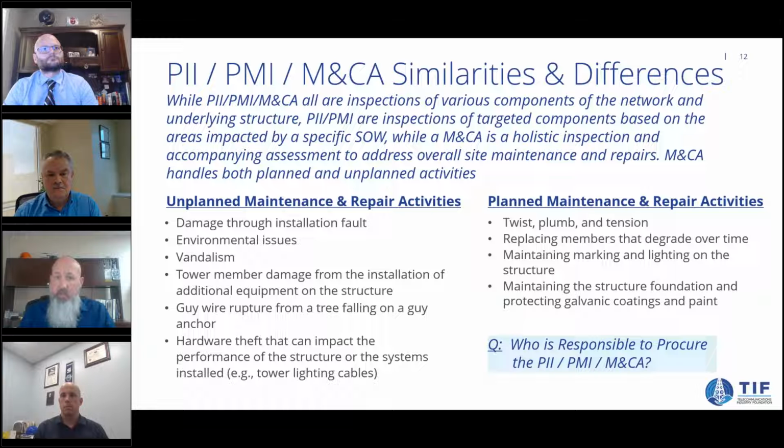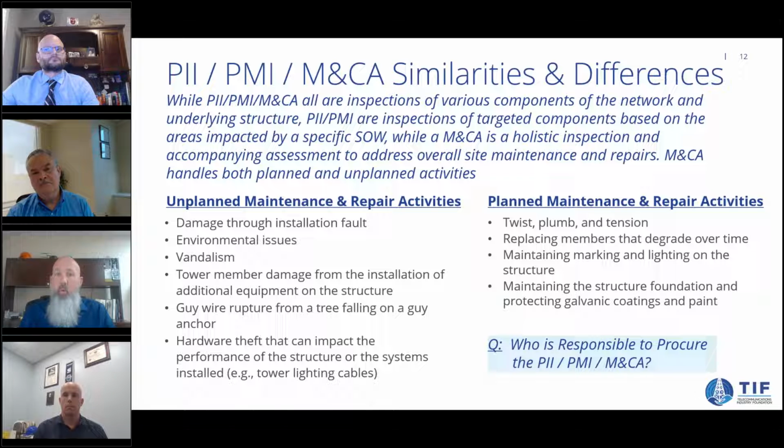Whereas the maintenance condition assessment is going to be more of your holistic tower inspection from ground level to the top of the tower. And even more so, inside the maintenance condition assessments, we're going to be handling the planned and unplanned maintenance activities.